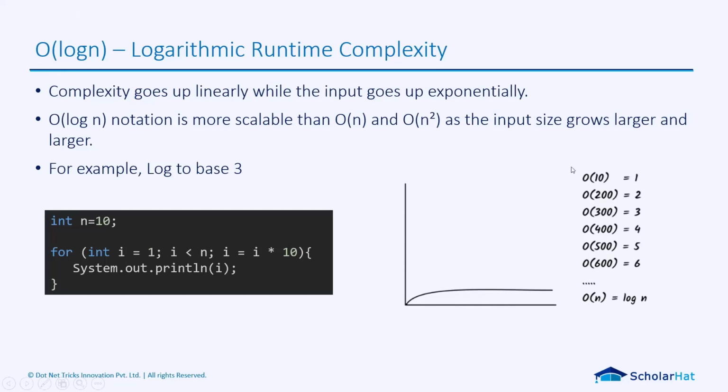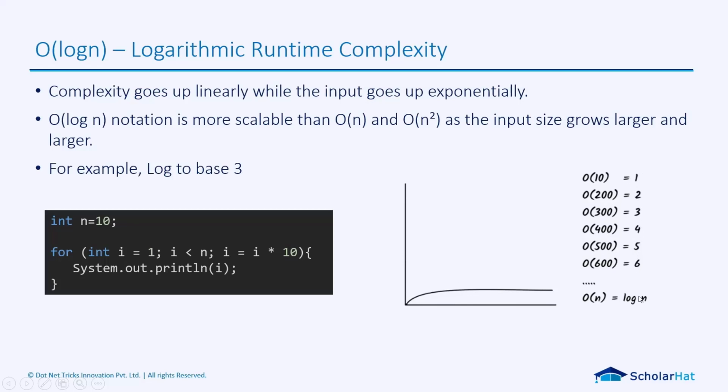Here you can see O of 10: when 10 is given, the output is 1. When 200 is given as input, it gives more or less the same output. It is increasing but very slowly. You can see the input goes 10, 100, 300, 400, 500, 600, and the output is 1, 2, 3, 4.